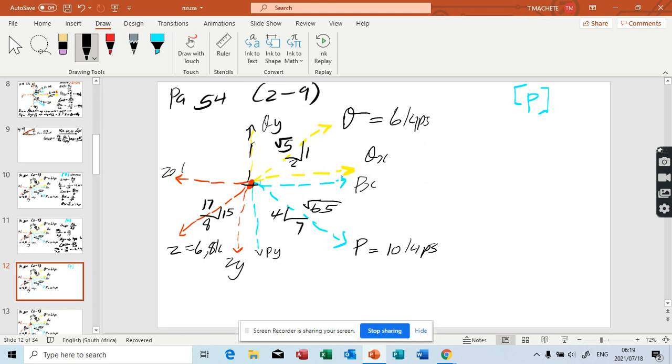You see, this thing is simple, but the problem is that there's too much work. Finding those values is too much, because after finding those values, you're gonna have to add them. After adding them, you're gonna have to find the resultant.